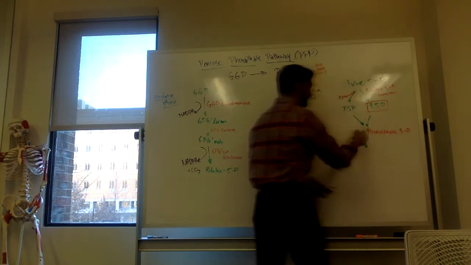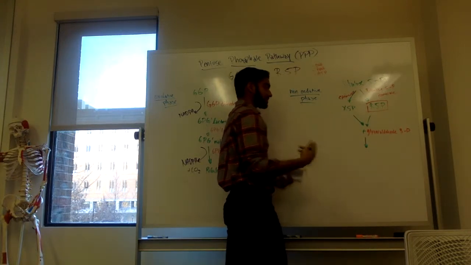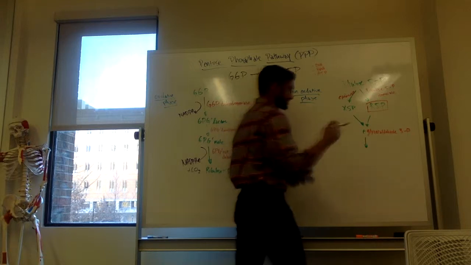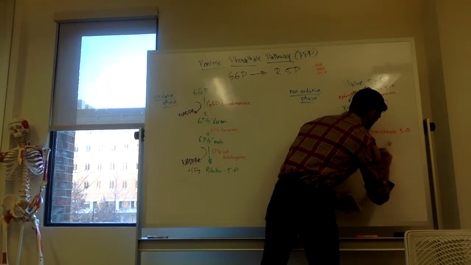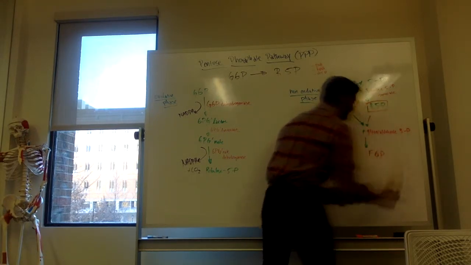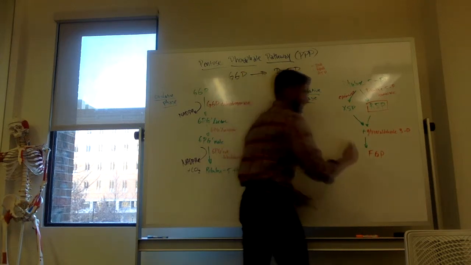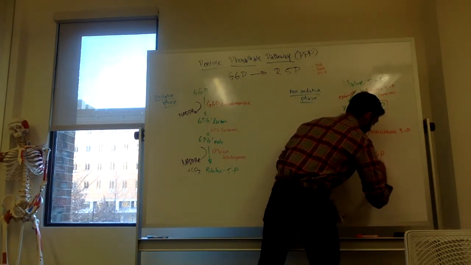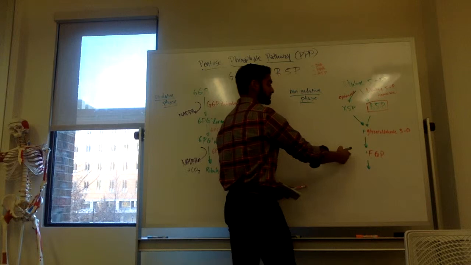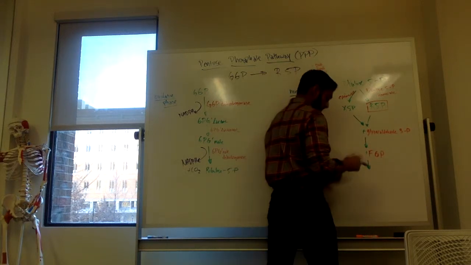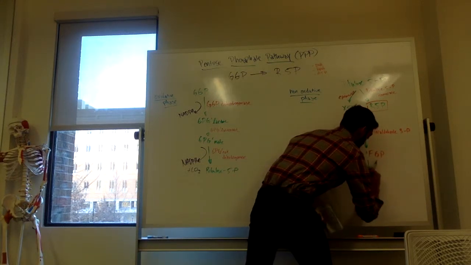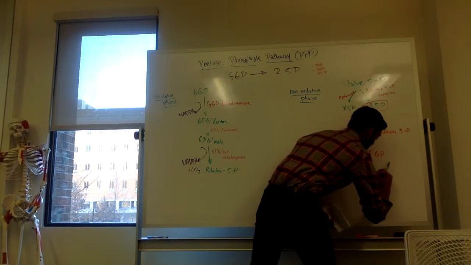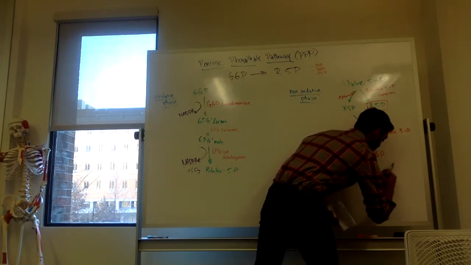But these two things, again, we can use another enzyme to produce fructose 6-phosphate, and there's going to be two things again produced. We can use another enzyme to produce fructose 6-phosphate and glyceraldehyde 3-phosphate.